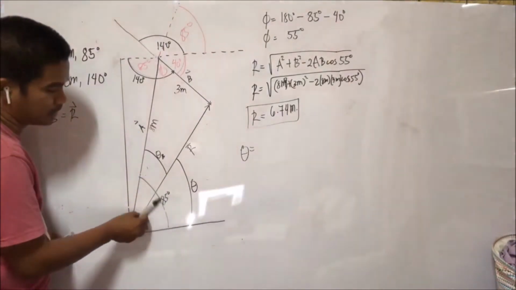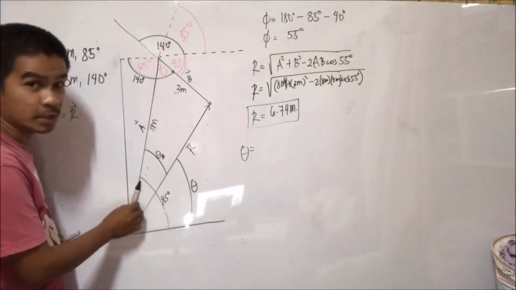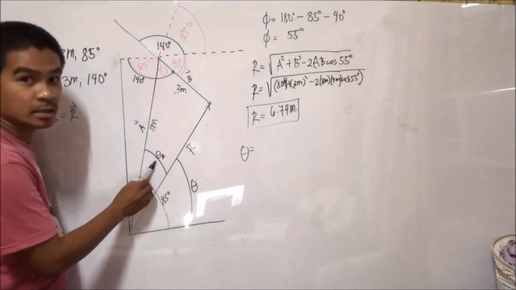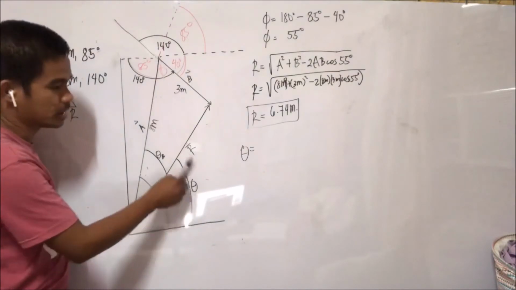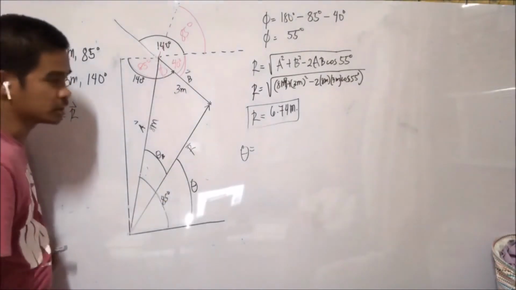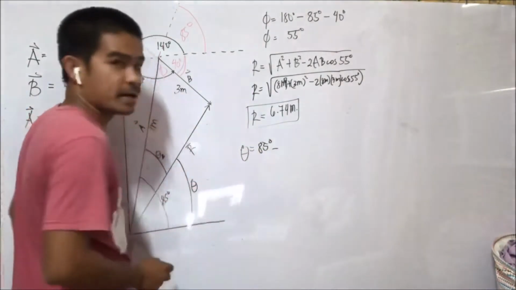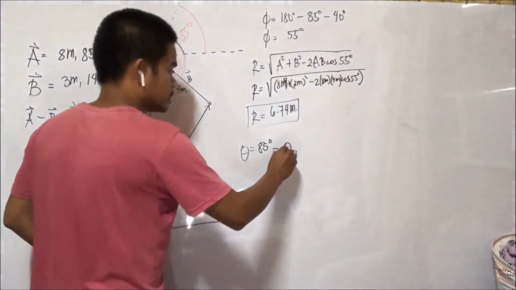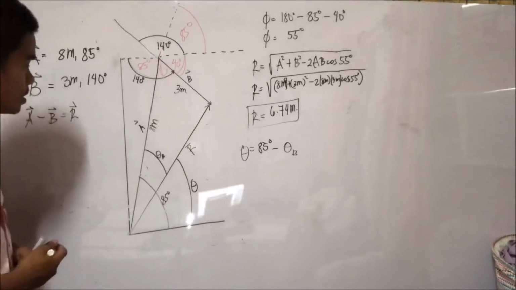Again, 85 degrees is from positive x-axis to vector A. If that is subtracted by theta B, then we can get theta as the direction of vector R. So that is 85 degrees minus theta B. But what is this theta B? How can we solve theta B?